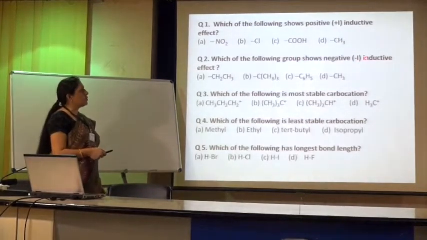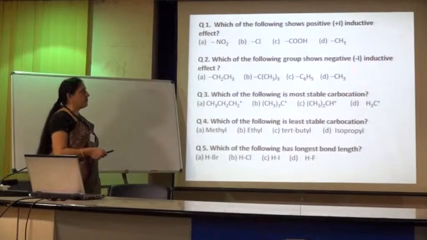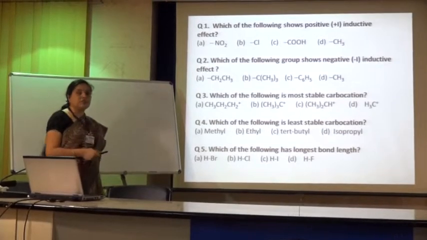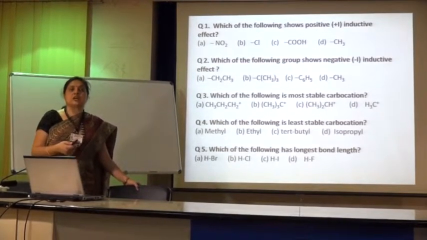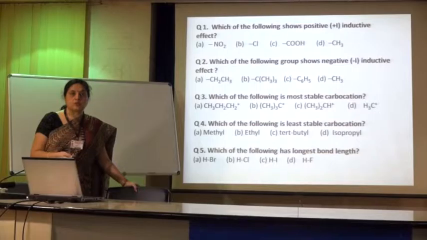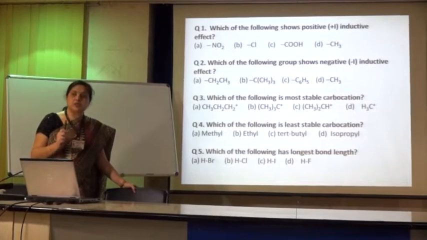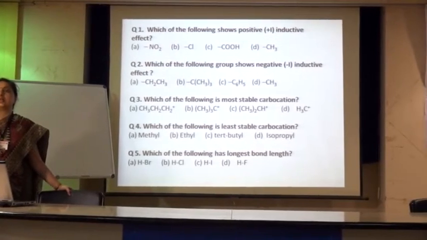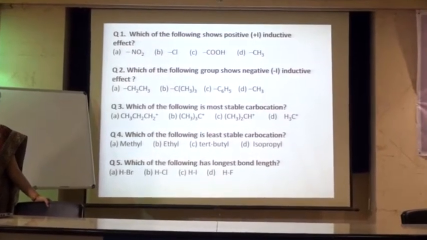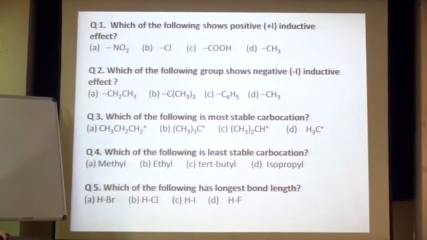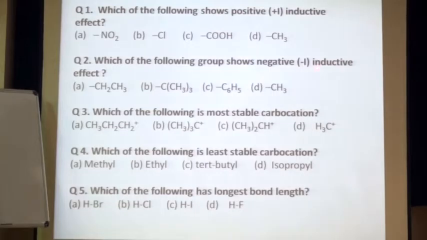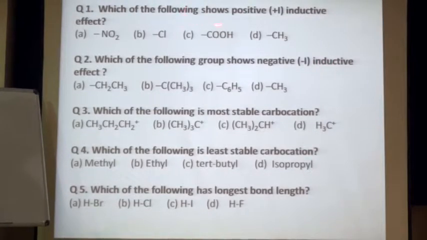Which of the following groups shows negative inductive effect? When we talk of negative inductive effect, we need to see which are the electron withdrawing groups. We have to differentiate between two types of groups: electron withdrawing groups and electron donating groups. Please remember, electron withdrawing groups show negative inductive effect, and electron donating groups show positive inductive effect.